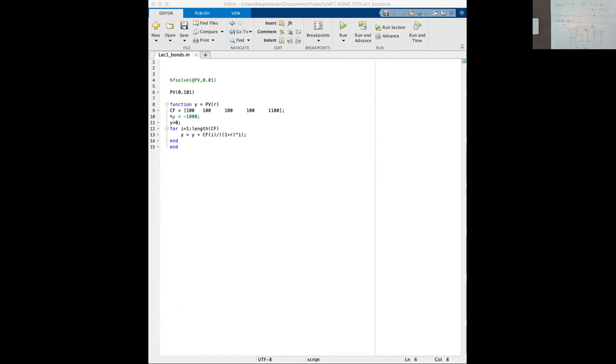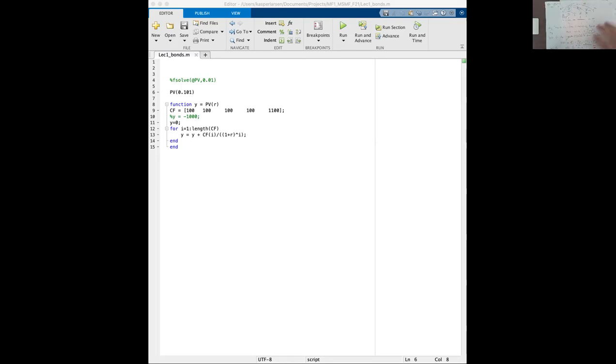So this one here was 10%. How much do I need to go up to? I need to go up to 10.01%. So this is 0.1001. There should be a 0 in there. There you go.